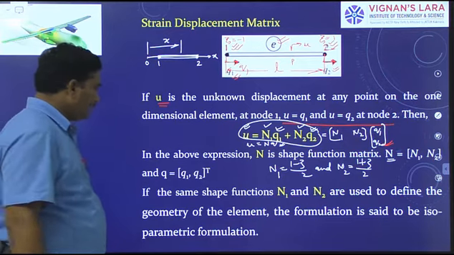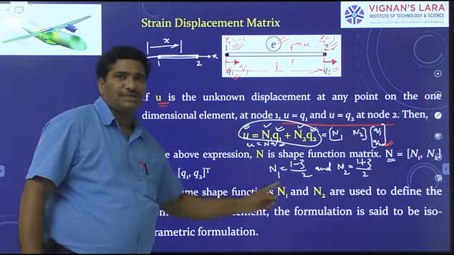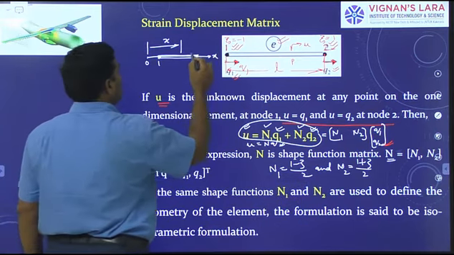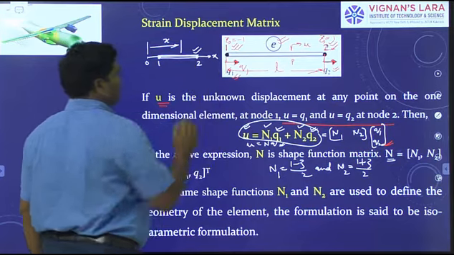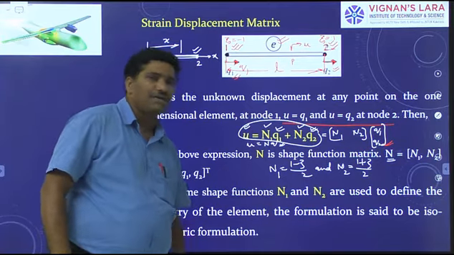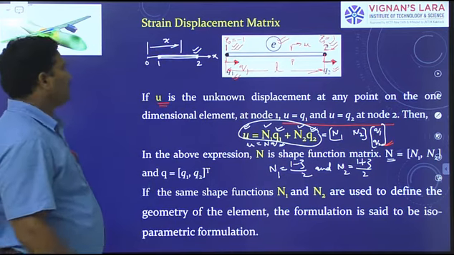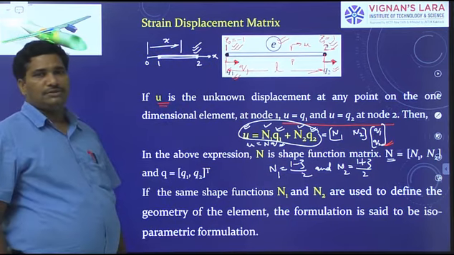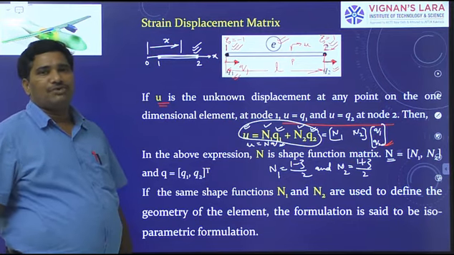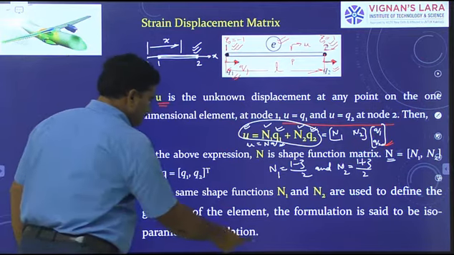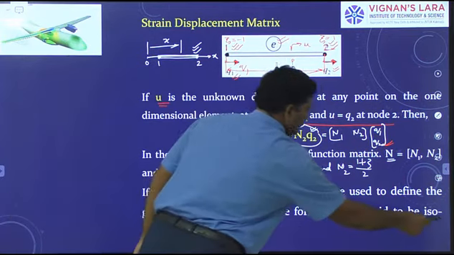Hence, if the same shape functions N1 and N2 are used to define the geometry of this element, then the formulation is called isoparametric formulation. That is what we see here.